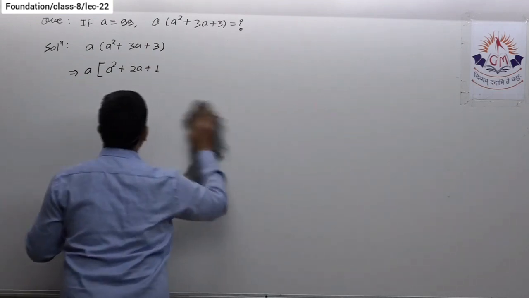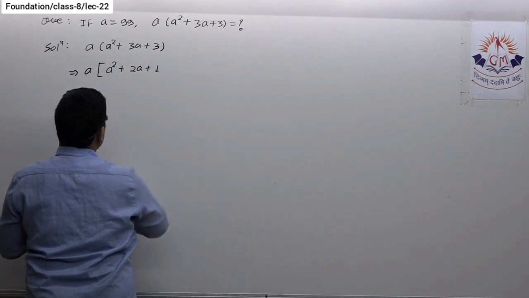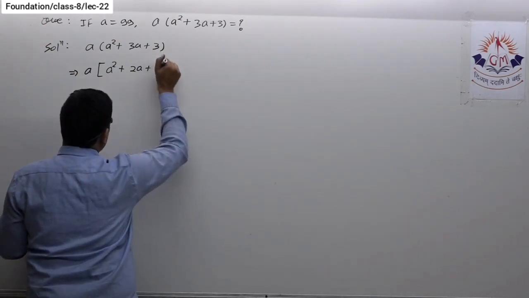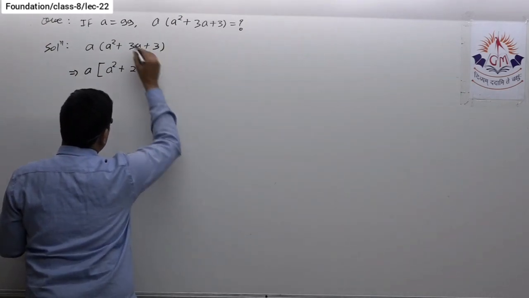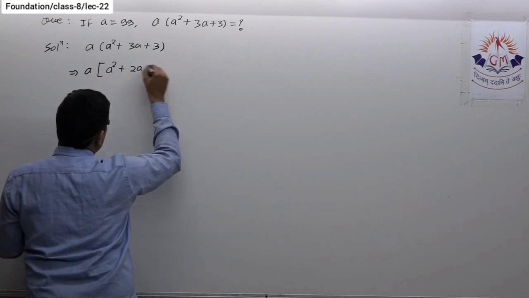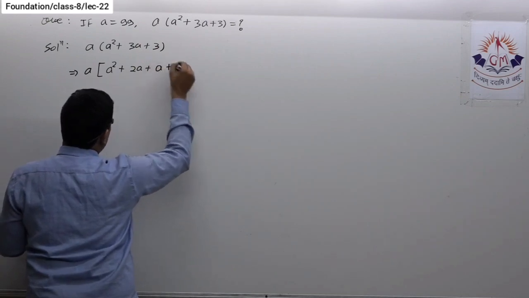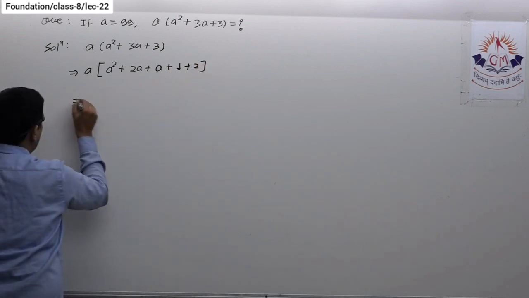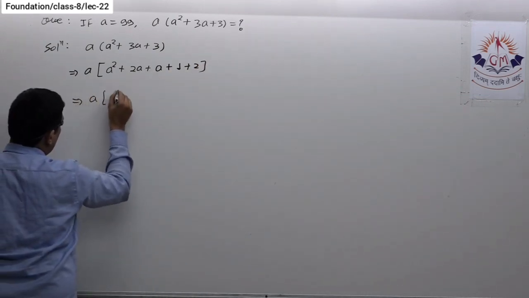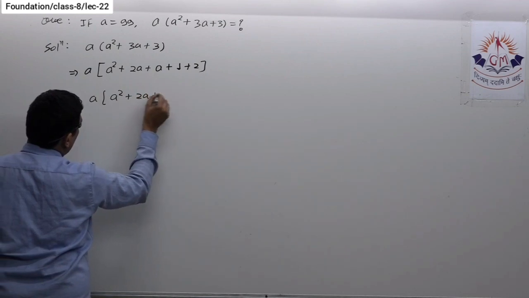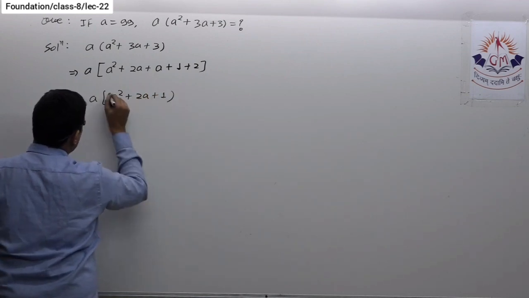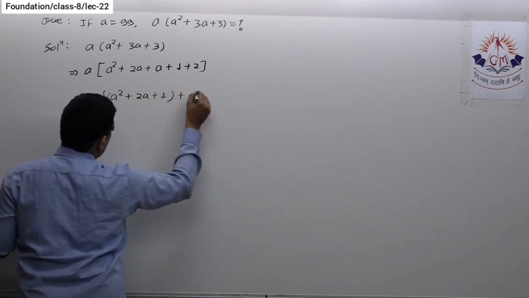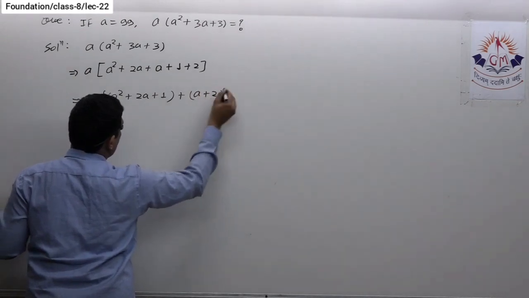So instead of 3A I wrote 2A plus A, and instead of 3 I wrote 1 plus 2. In the next step I wrote A square plus 2A plus 1 together, and the remaining terms, A plus 2, over here.